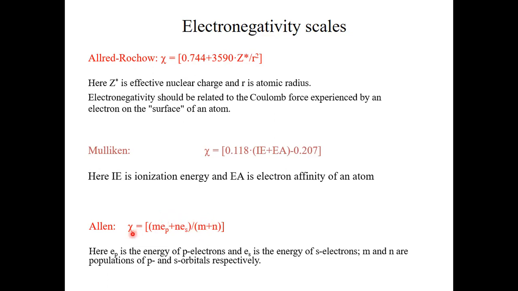So basically, the electronegativity is correlated to the average energy of the p and s electrons in an atom. This concept of electronegativity is specifically applied to main group elements, because in the main group elements, the sp electrons are the valence electrons.